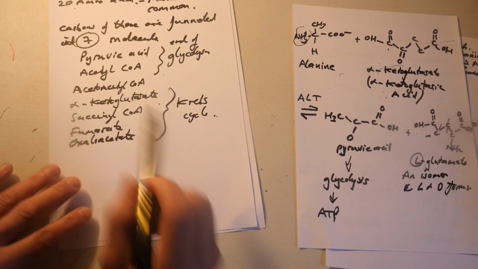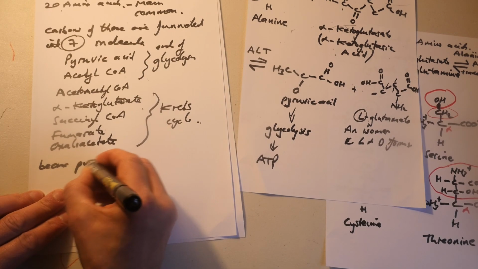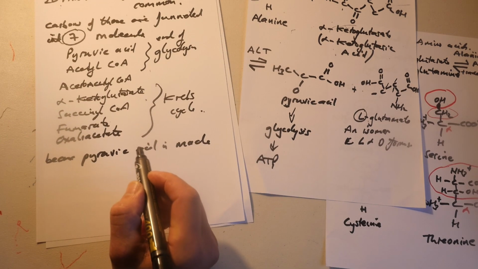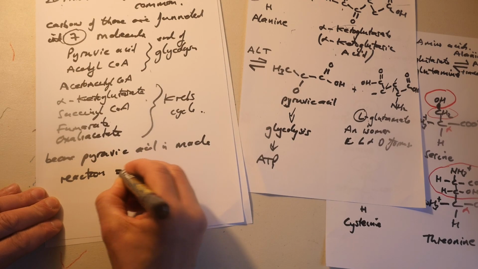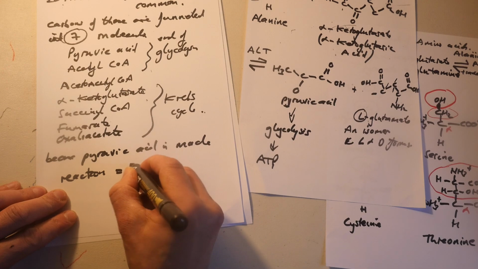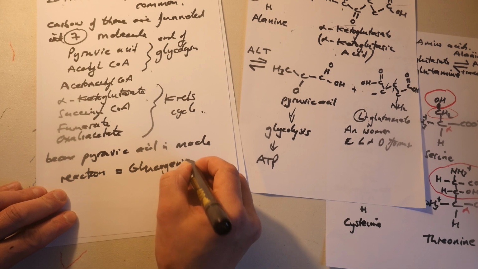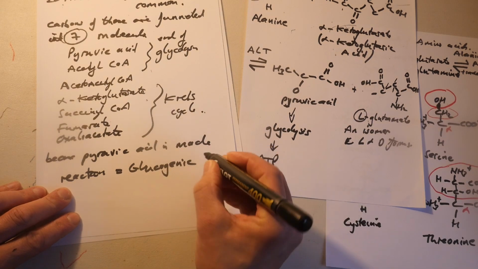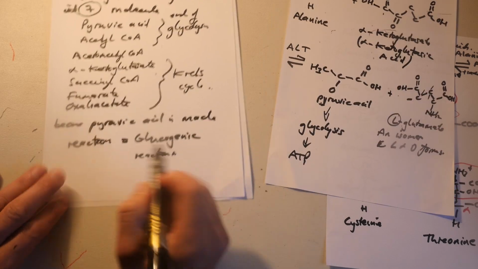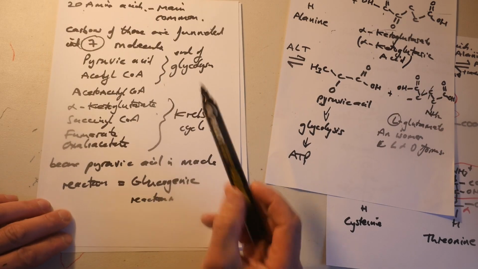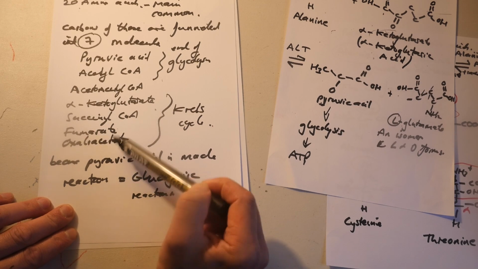And because pyruvic acid is made, these reactions are called glucogenic reactions. Through these reactions, alpha ketoglutarate, succinyl-CoA, fumarate, and oxaloacetate are also made.